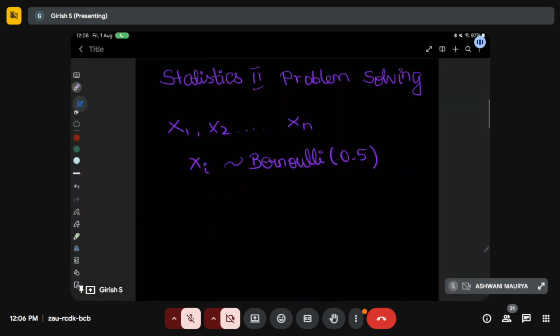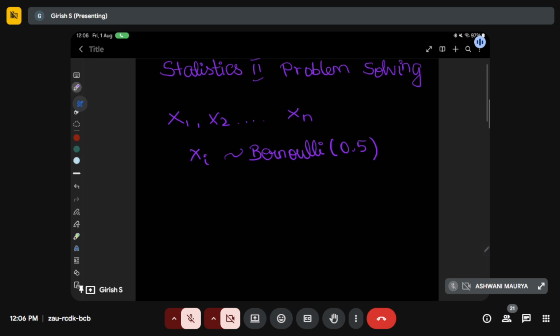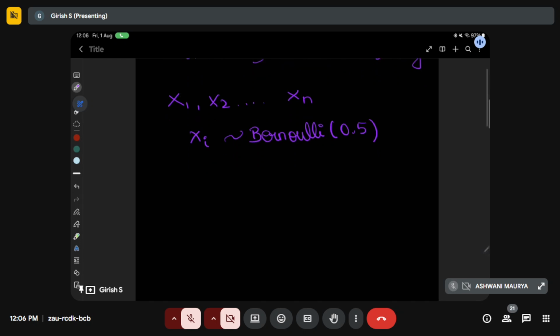Do you agree with this? Xi can be any toss, and that follows a Bernoulli distribution with probability 0.5. So we are making it n tosses, each can be X1, X2 till Xn.